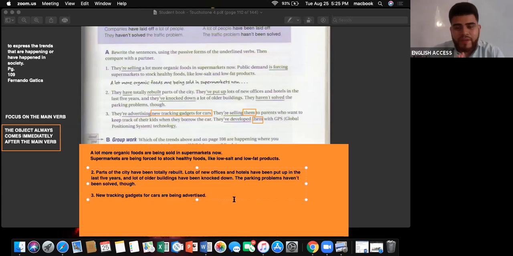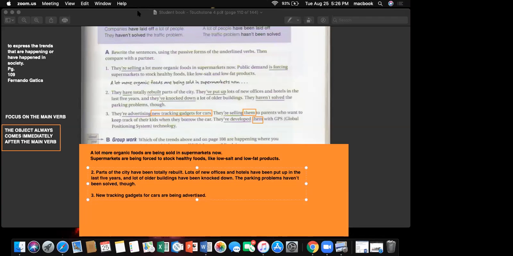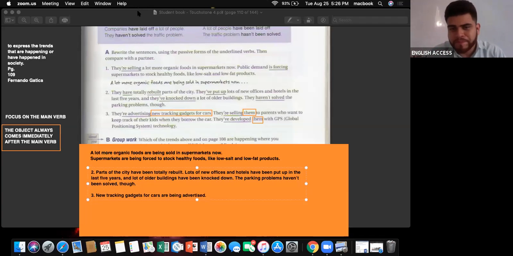So yesterday, I told you that the active object becomes the passive subject. So what is them in subject form? What is the word them in subject form? Okay. They. Okay, so they, and now use the formula.